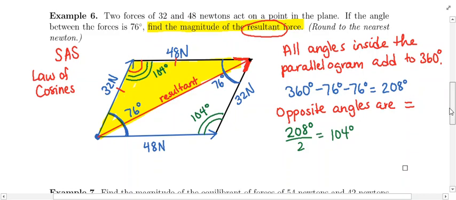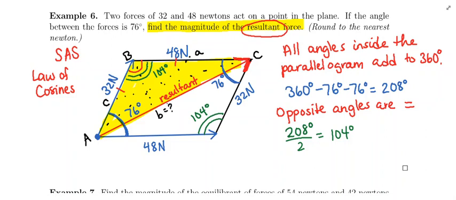So let's go ahead and put some letters on here. Let's say this is A, this is B, this is C. If I draw across and label my sides here, this is going to be side B, this is side A, this is side C. So I am actually looking for side B here. Which version of the law of cosines are we going to use?